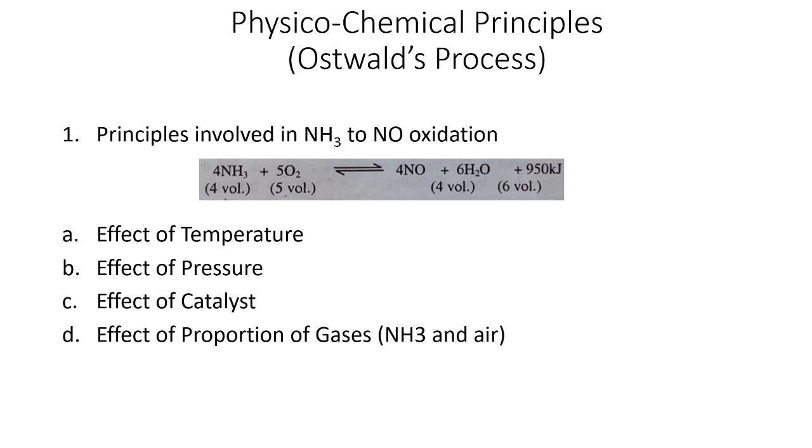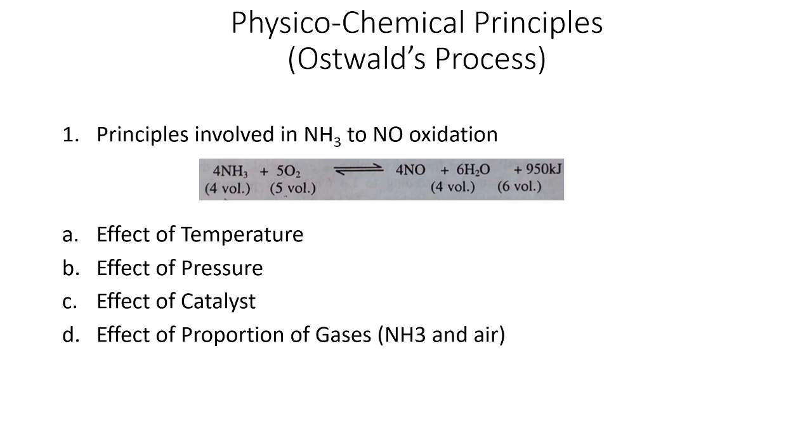So if we increase the amount of ammonia, then it becomes difficult to handle at such a high pressure. So it may cause the explosion. So here you have to take care that in that gaseous combination or proportion, ammonia should not cross the limit of 10%.